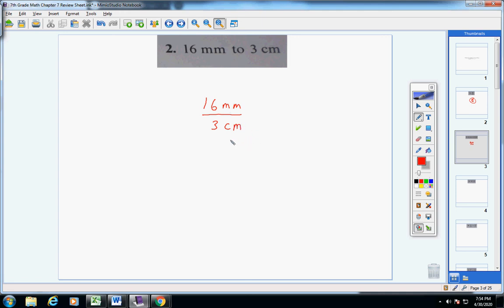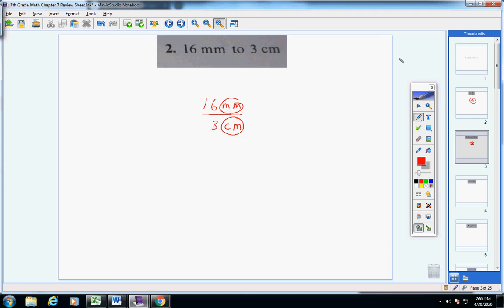Now, at first glance, it looks like, and by the way, guys, the number that's first is the one that goes up top, and the one that's second is the one that goes in the bottom, okay? But anyways, at first glance, it looks like we're done because 16 and 3 cannot be reduced. However, we have to remember, we do like our measurements to be the same when you're dealing with a ratio.